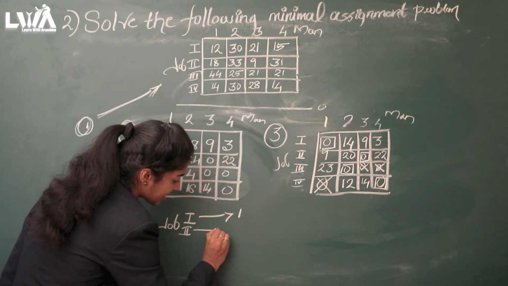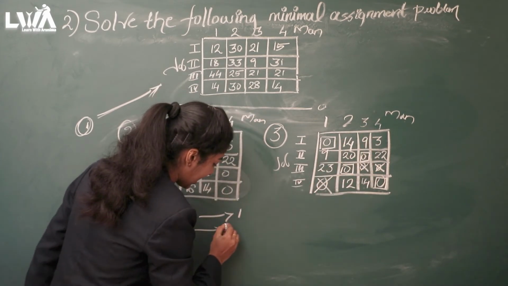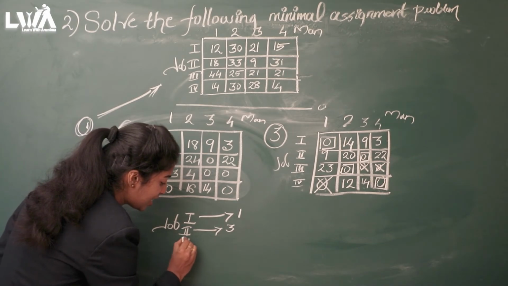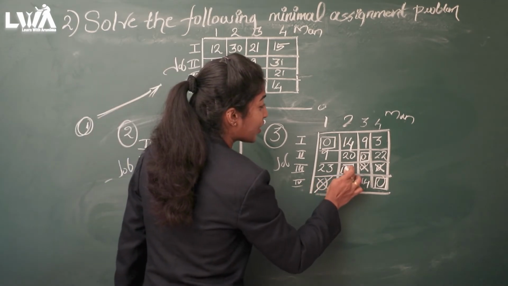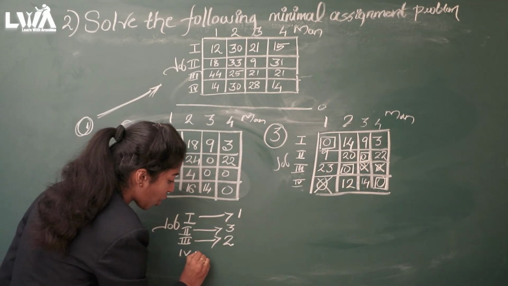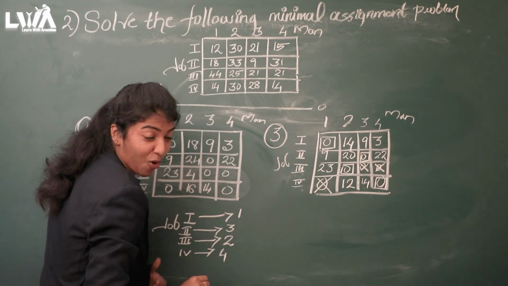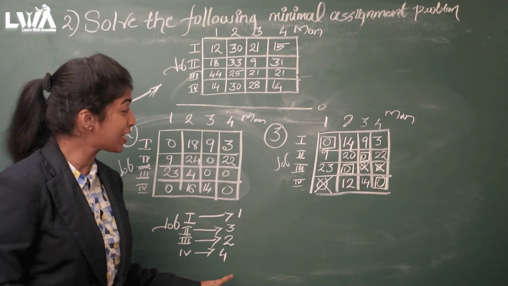Second job is assigned to worker number 3. Okay. Third job is assigned to worker number 2. Fourth job is assigned to worker number 4. Now we have assigned jobs to the persons.